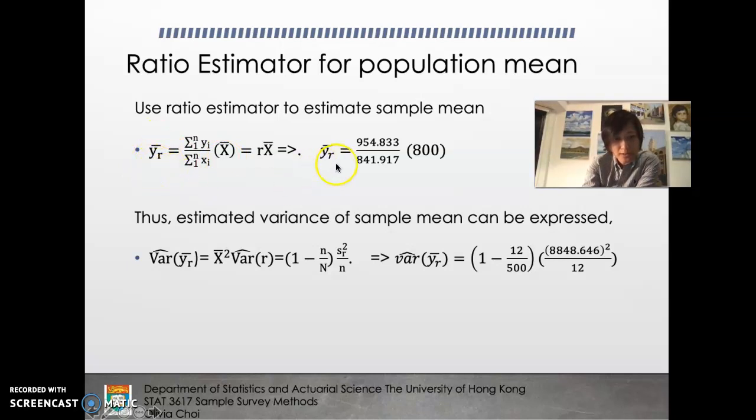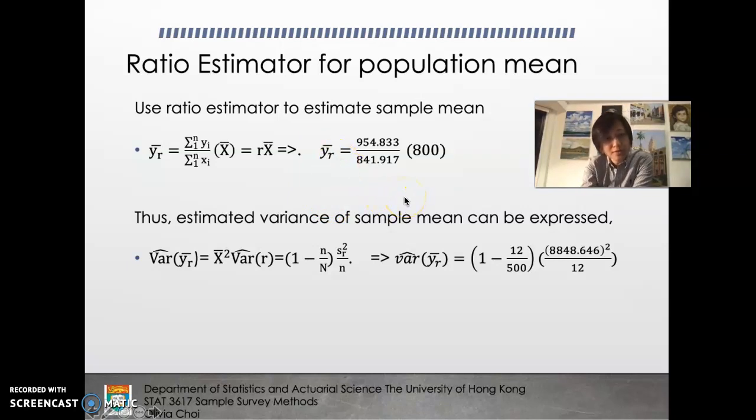In other words, in this example, we use our R, which equals Y bar divided by X bar from the sample, multiplied by the true capital X bar to estimate Y bar using the ratio estimator. The expected value of this Y bar R is an unbiased estimator for the population Y bar.